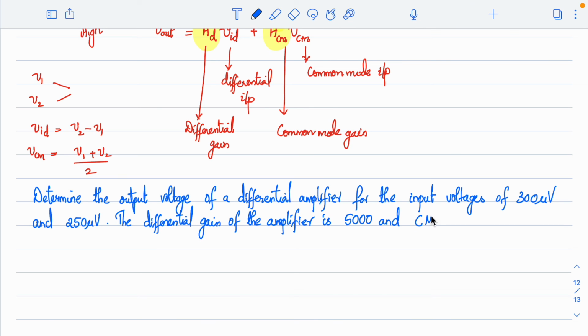I'll talk about this. CMRR, common mode rejection ratio, is let us say 100. Common mode rejection ratio is 100. Now the automatic question is, what is this common mode rejection ratio?